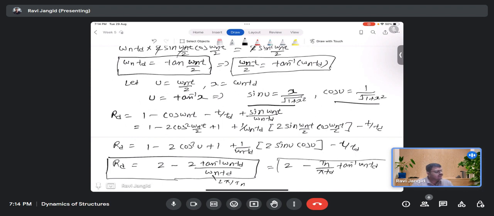So that is the maximum response for the forced vibration.